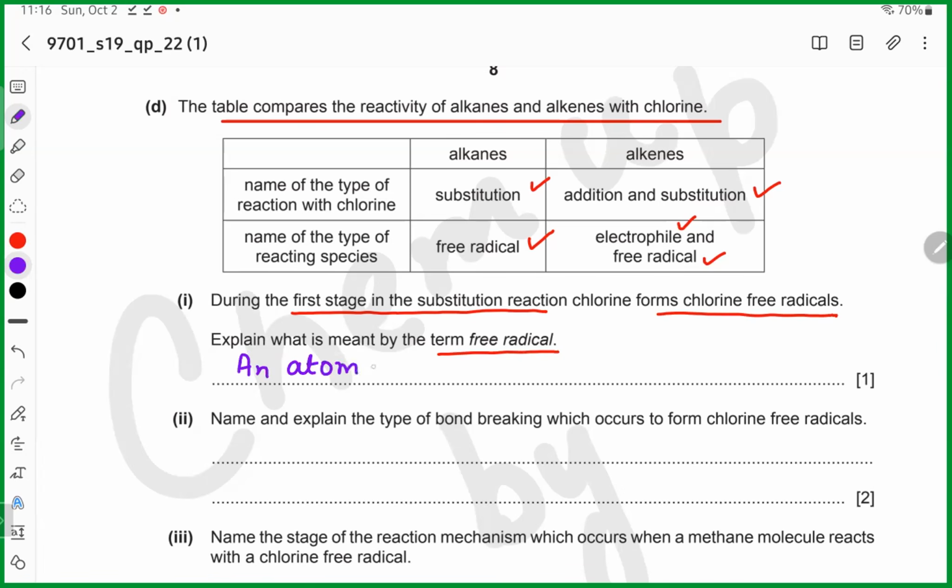So it's better to write an atom or group of atoms having an unpaired electron. Is this understandable?